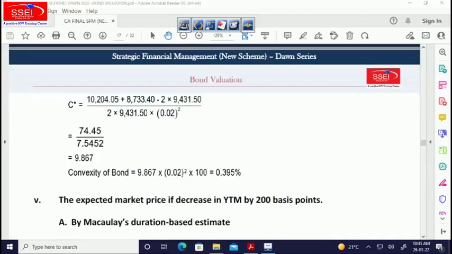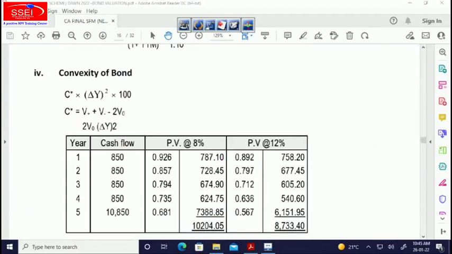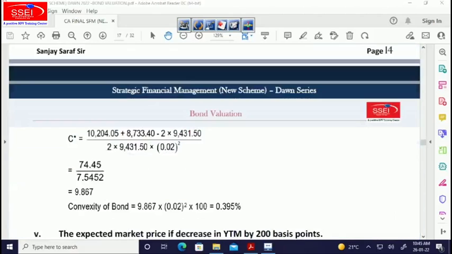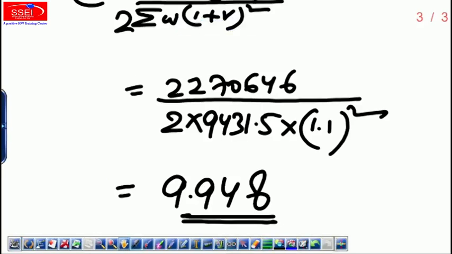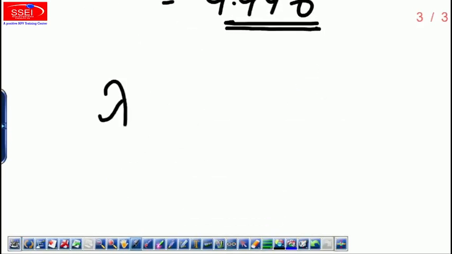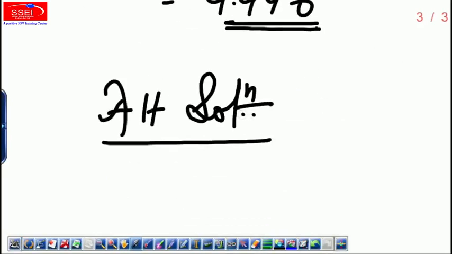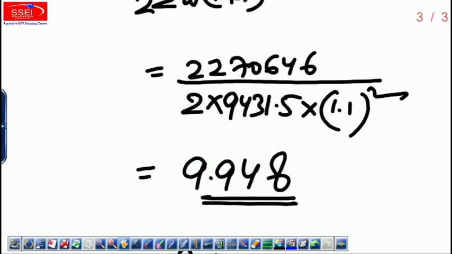That is convexity. If this sum is repeated, you should solve it by this method only. So I am once again computing the convexity as per them. Alternate solution for convexity. But sir, you said people got the marks even when they did by your method. They got the marks, but we are not sure.